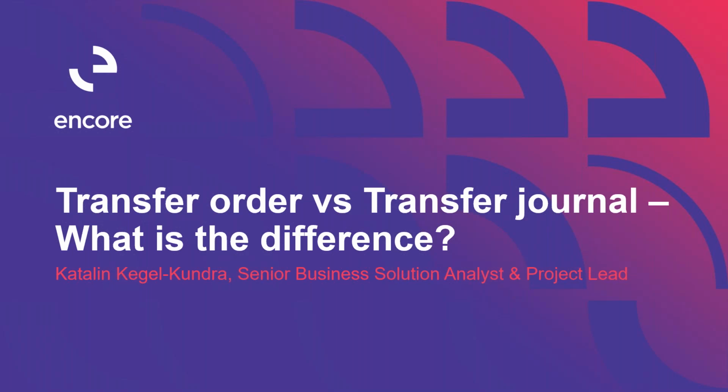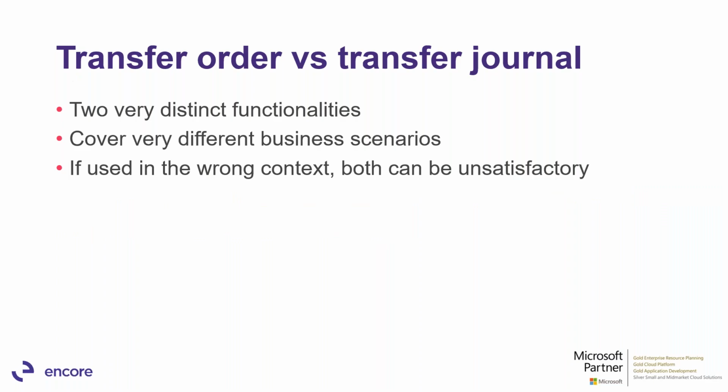So let's dive in right away. Some of you might have attended an earlier webinar I presented about different inventory options available in this system. Today's subject is a little bit similar in that it also might seem very basic, and you're probably wondering how I can make this subject into a full hour.